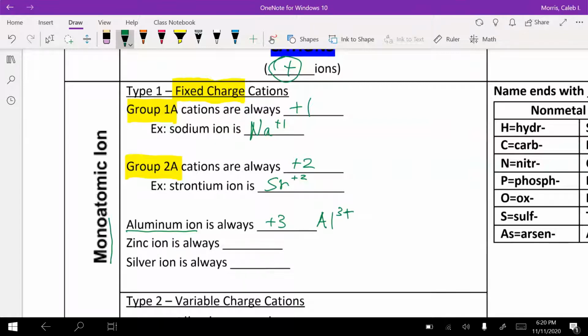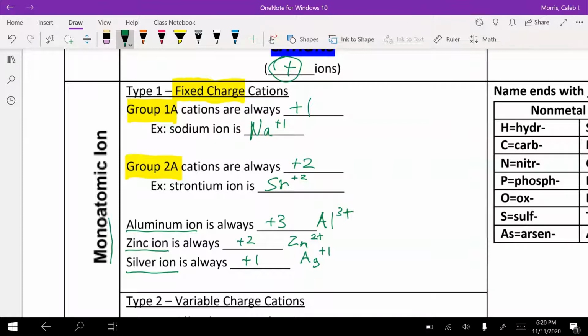The zinc ion is always positive 2. It's Zn2+. And then the silver ion is always positive 1. Silver is Ag, positive 1. So those are the five things you kind of got to memorize, okay?